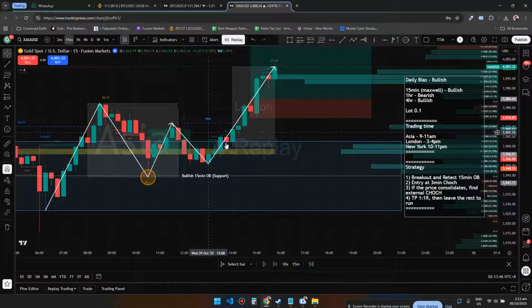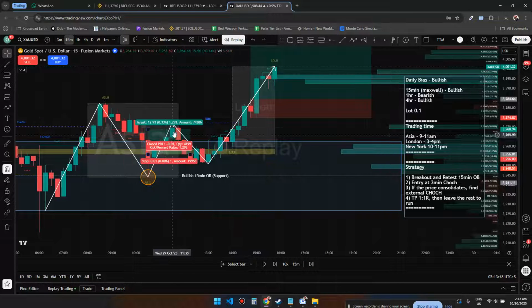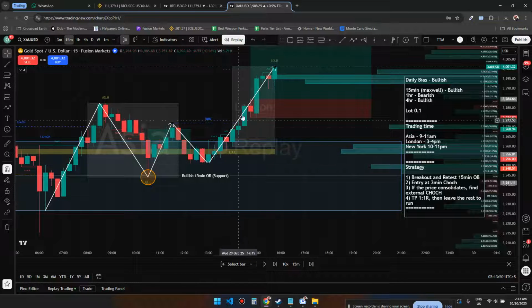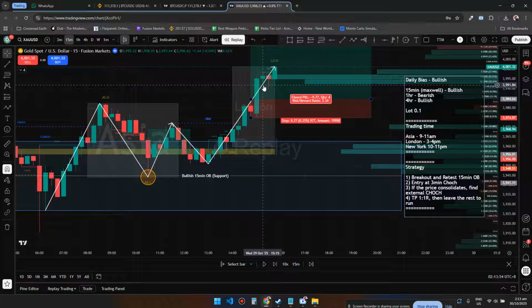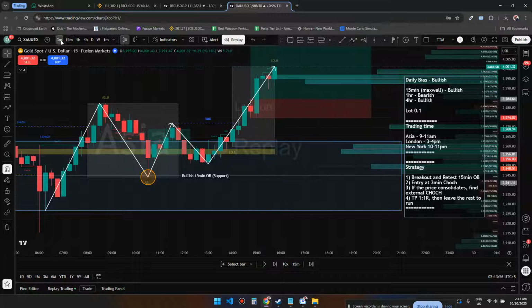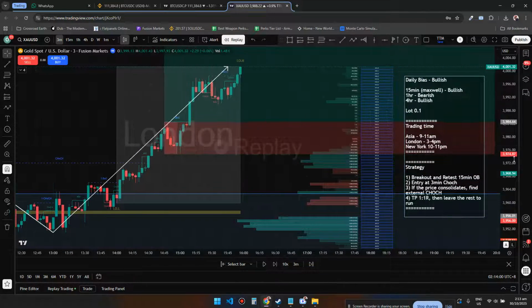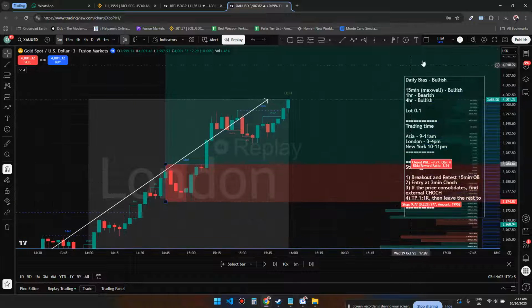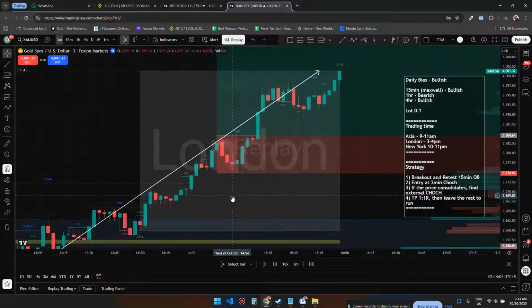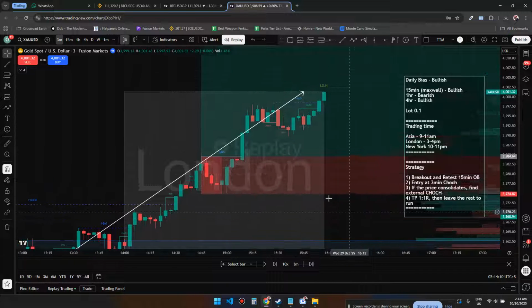So in this area, once it retests again, this entire move is a very high probability move. So what I did here was I looked for a trade after 3 p.m. So after 3 p.m. it is around this area.